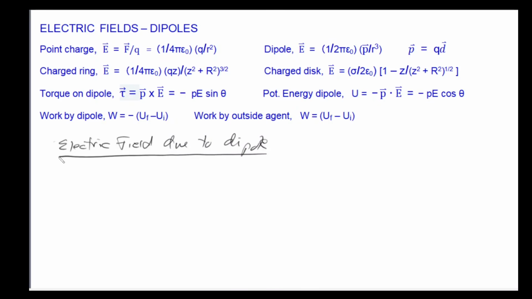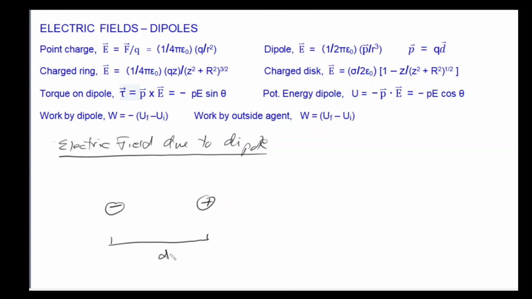Now let's discuss electric fields due to a dipole. When you have two opposite charges separated by a distance, you have a dipole. So if you have a negative charge and a positive charge, and these are separated by a distance d, you have a dipole.